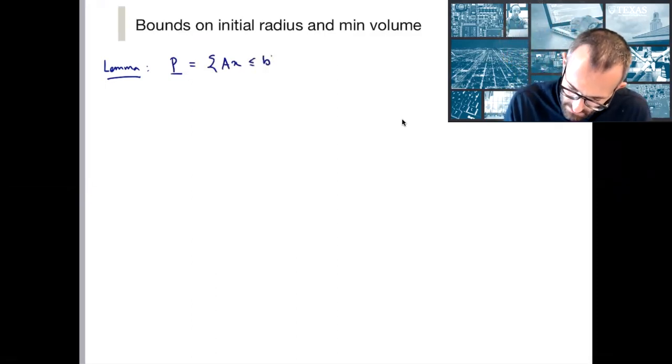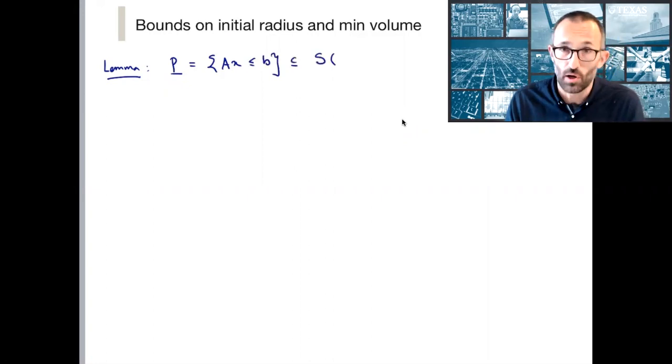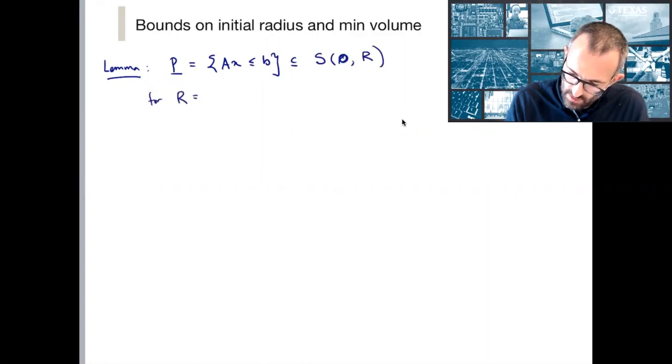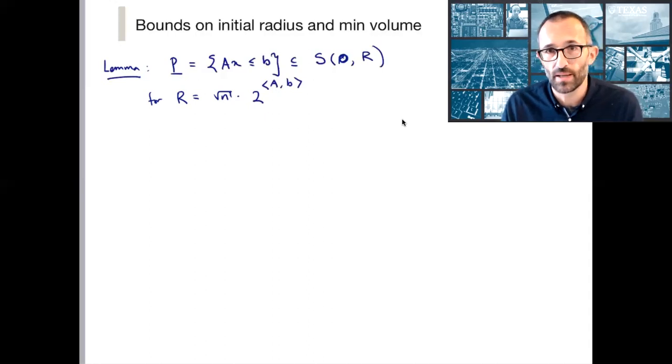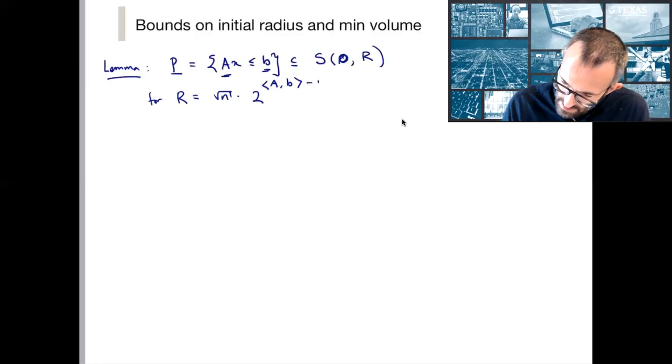P is contained in the ball around 0 of radius r, where r is equal to square root of the dimension n times 2 to the, now this notation means the description length, the number of bits needed to describe the matrix A and the vector B that are defining the polytope, minus n squared.